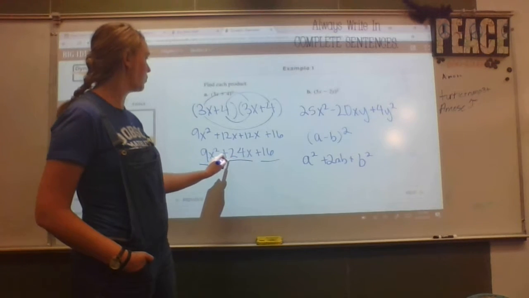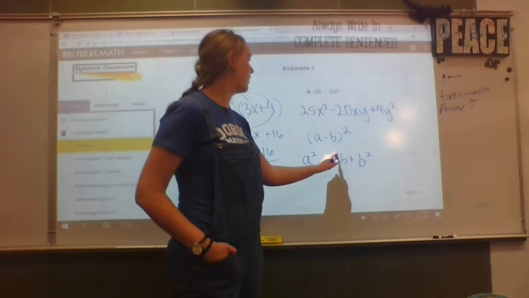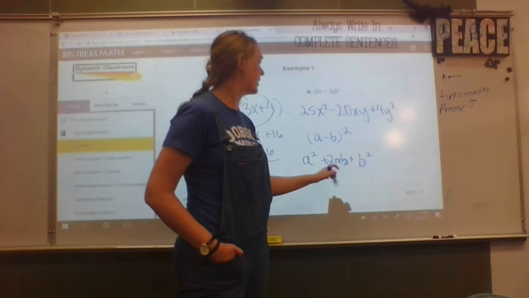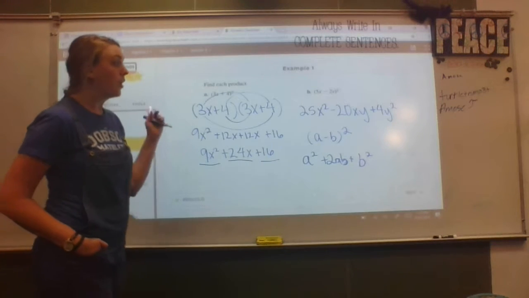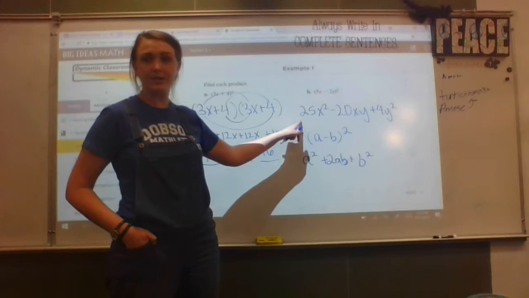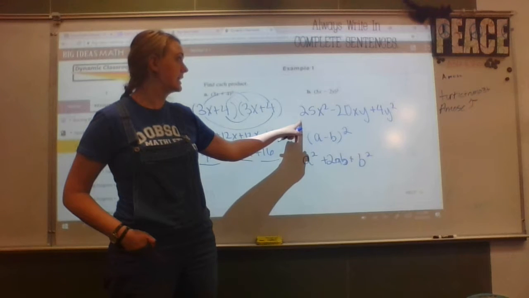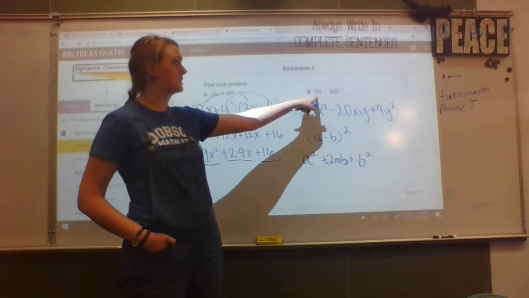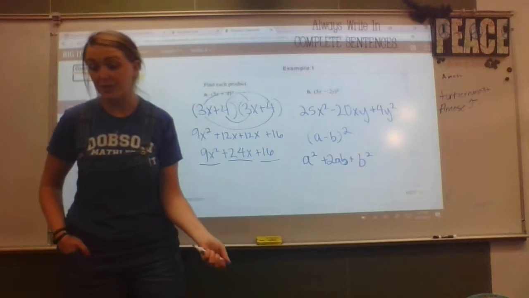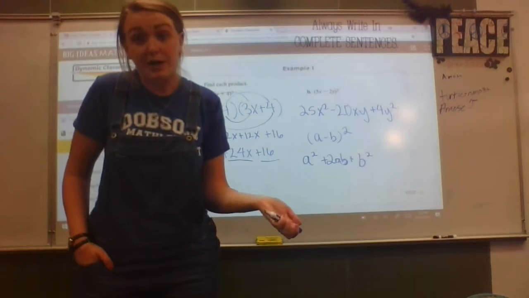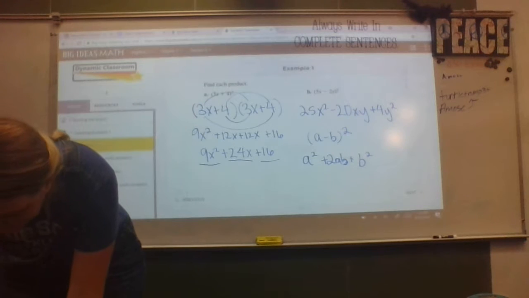When I double it, I get 24x. So whenever you are given a term multiplied by itself, you can either FOIL, which I did here and I got the right answer, or if you want to do it without having to show the FOILing process, you can remember this formula. First term squared, last term squared, and then in the middle you double whatever you get when you multiply them times each other. So that's half of what we're going to be learning in this lesson.